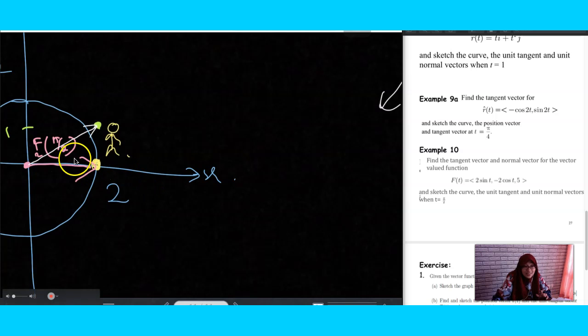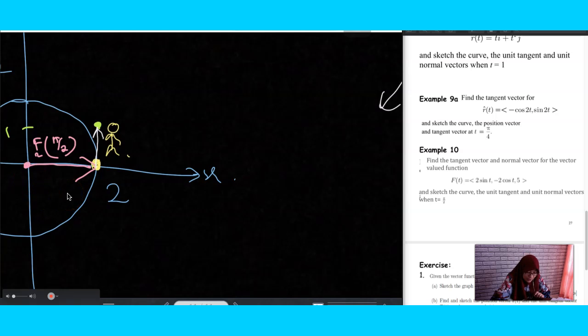You can see the tangent here, right? Because just now we expected that the graph should be like that. So if you start from the origin, it is completely wrong. You have to start from your position. Your position here is (2, 0). So now you draw a line, put the arrow, and you know that your direction is anti-clockwise.